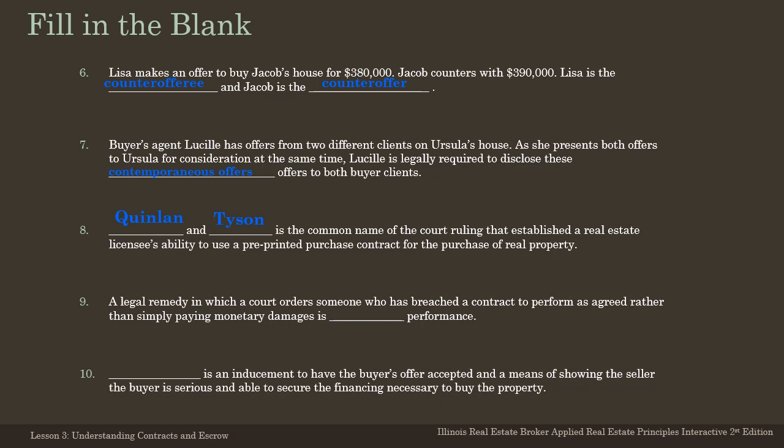It went all the way up to the Supreme Court, and the Supreme Court said, yes, that is the illegal practice of law, but the bar associations, what I want you to do is get together with the realtor associations and hammer out contracts all around Illinois so that there's a written contract with blanks, and we, the Supreme Court of Illinois, will give real estate agents the right then to use pre-printed contracts in their commerce.